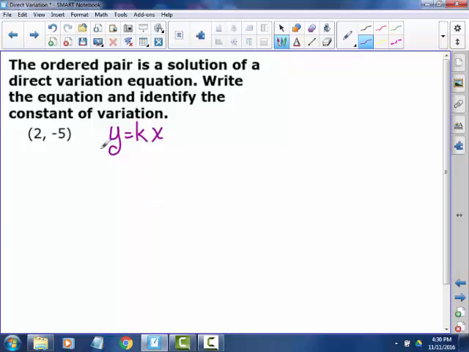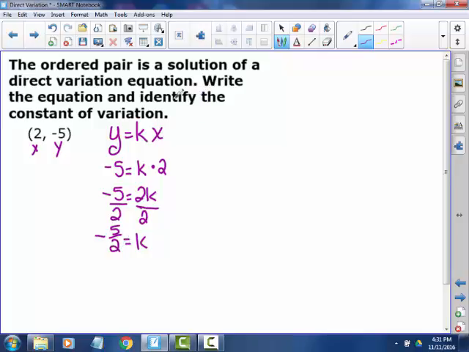So if we have an x and a y here, we know that negative 5 has to equal k times 2. Another way we could write that is negative 5 equals 2k, and to get k by itself, we would divide by 2, so k is negative 5/2.